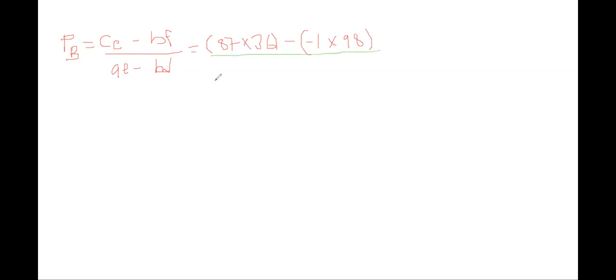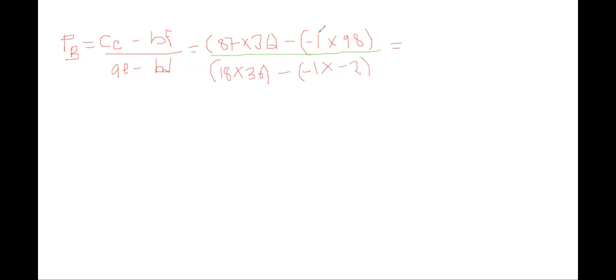And AE is what? So A is 18 and E is 36. Then minus, we have this. B is minus 1 times D, which is minus 2.